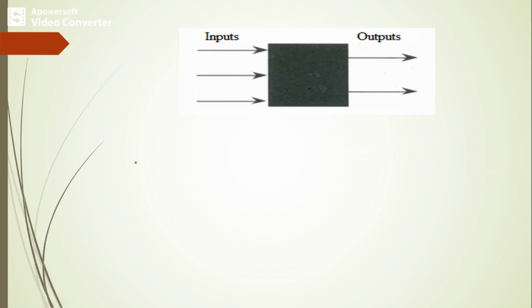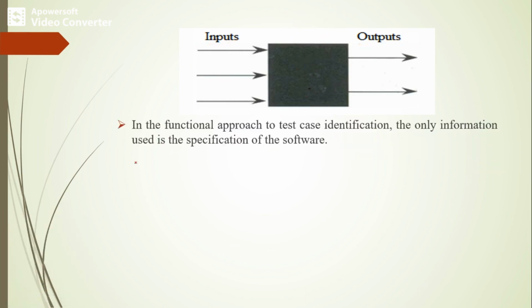Okay, now in the functional approach to test case identification, the only information used is the specification of this software. For example, the tester does not know how you have designed it and what type of algorithms you have used; that is all unknown to the tester.